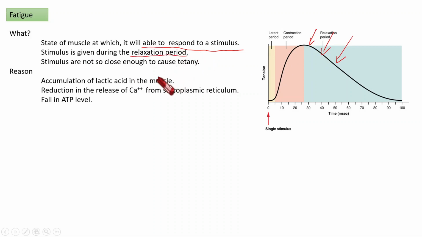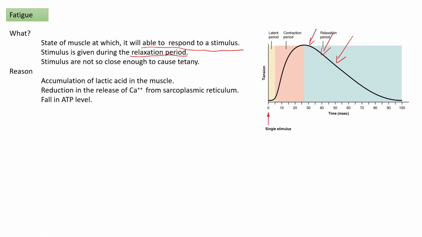The next thing is that these stimulations are not so close. There is enough time interval between these stimulations. If they were very close, that may result in a tetany condition. As they are not that close, tetany will not occur, and the muscle will come to the fatigue condition.